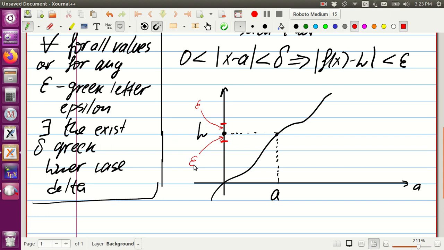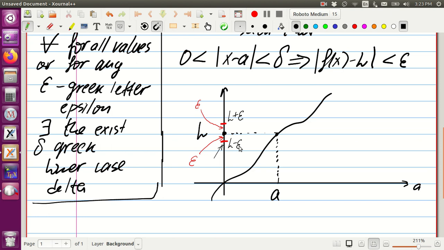So what would be this point? This point is L plus epsilon, and this point on the bottom is exactly L minus epsilon.